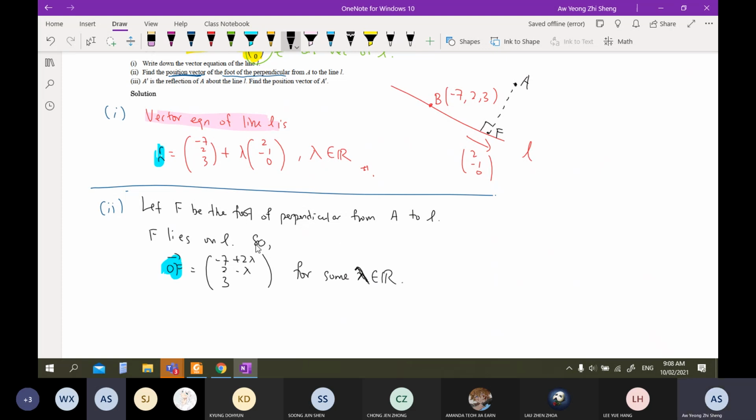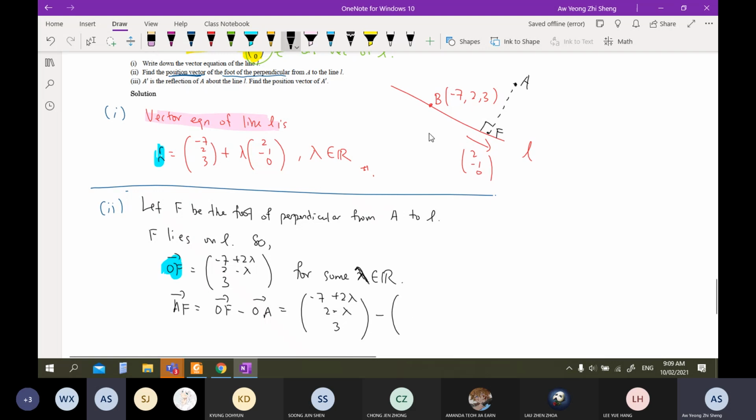Next step, get a vector that is perpendicular to the line L, which is vector AF or FA, whichever you prefer. AF is equal to OF minus OA, then just compute. Wait, I have to minus by OA.